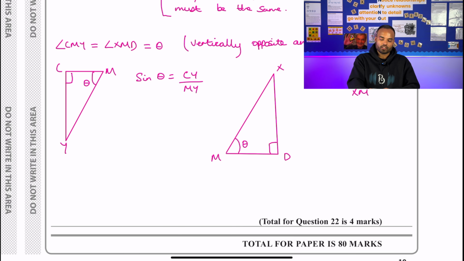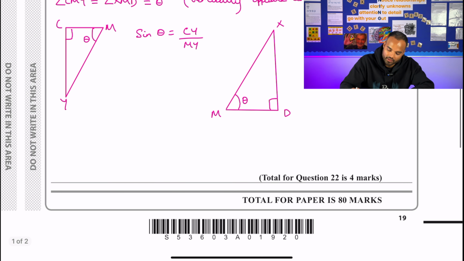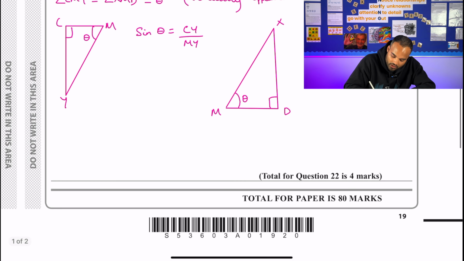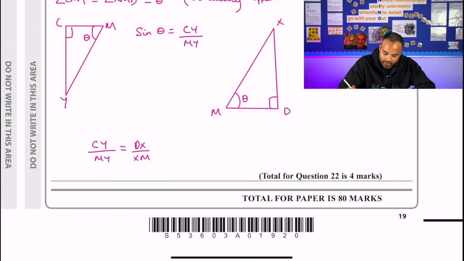So I've got sine theta from this triangle, and I have sine theta from this triangle. Both of those should equal each other because they're both sine theta. So I can say that CY all over MY should equal DX all over XM, because they're both equal to sine theta.